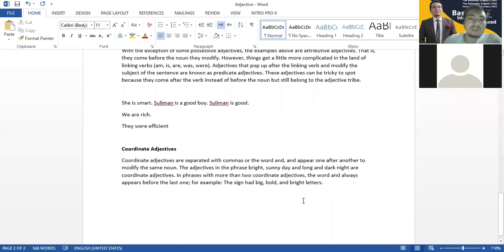Now, what is coordinate adjectives? Coordinate adjectives are those adjectives in which you use the 2 or 3 adjectives at the same time with the help of what? Comma or and. For example, he's a good, smart, and clever boy.